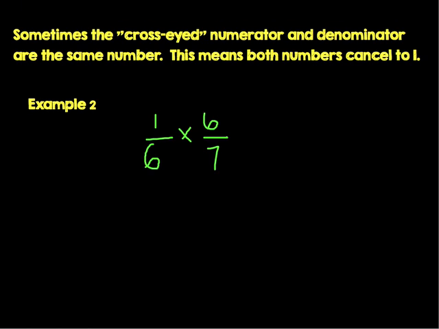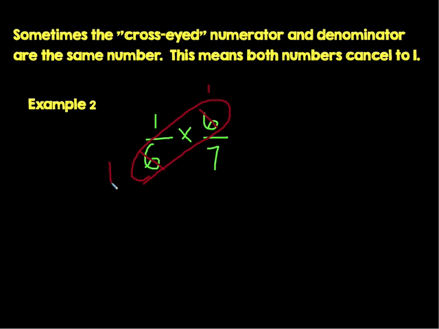I'm going to look at my cross eyes. So let's circle my cross eyes. I see these cross eyes are the same. Well, they can cancel to 1 and 1 because both can be divided by 6. So a simple way to remember this is if they're the same, they become a 1.